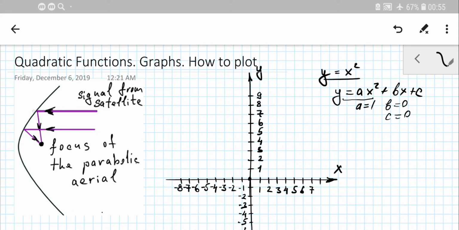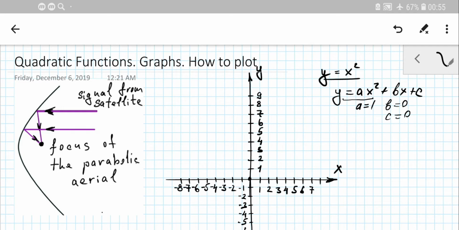What happens next? The signal is reflected and bounces off the parabolic surface of our aerial, and all the parallel beams from the satellite are concentrated in one single point, called the focus. Exactly there we set up the receiver of the signal.